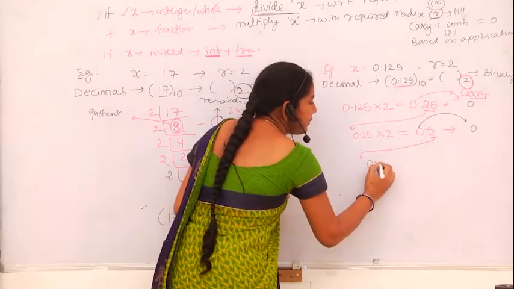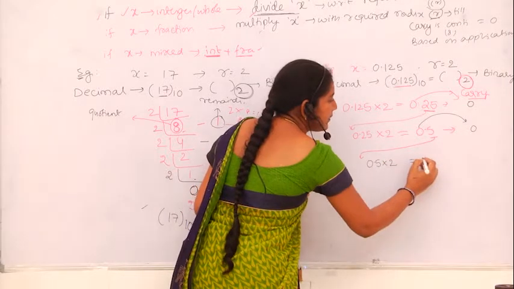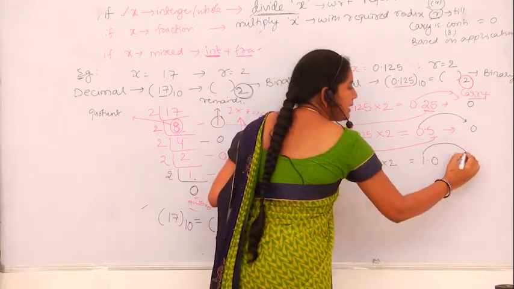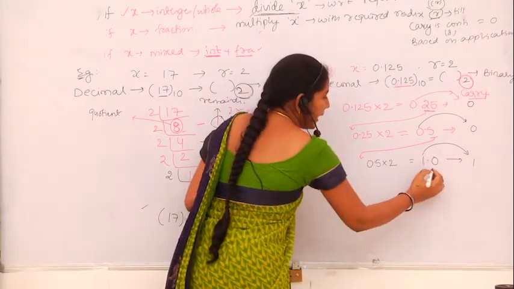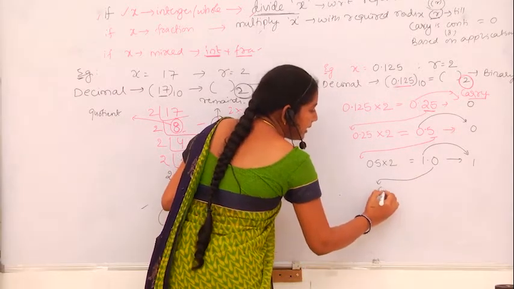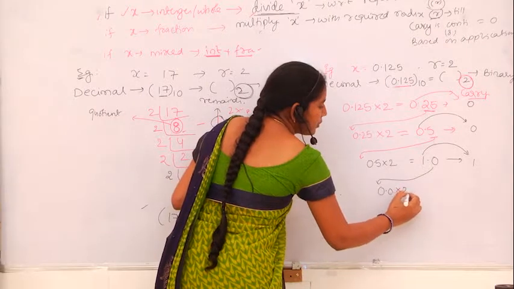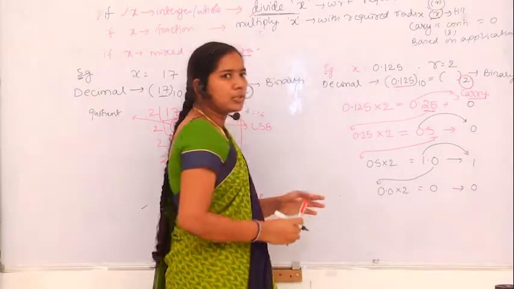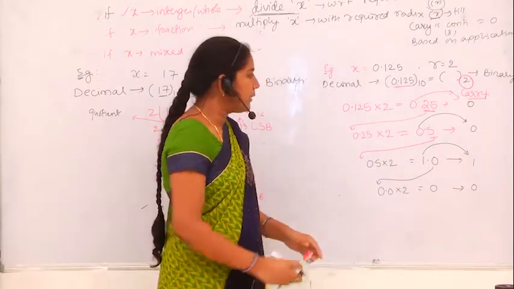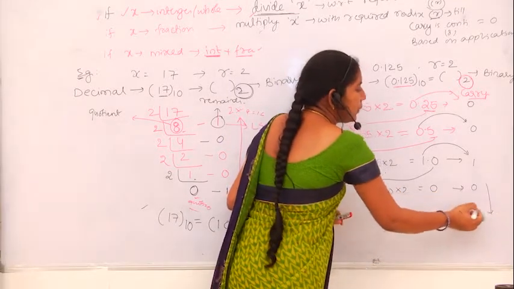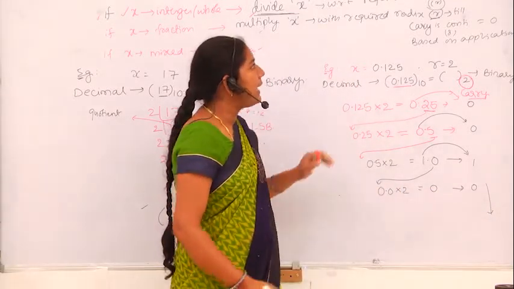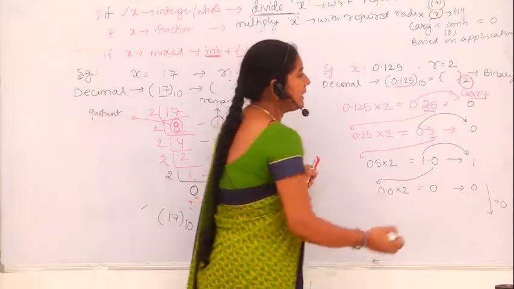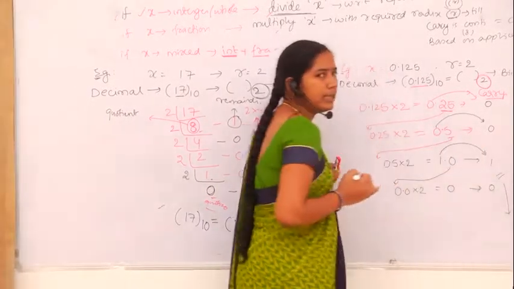Here the fraction part is 0.5 into 2. The result is 1.0. Now take this integer part 1 out as carry. Then 0.0 into 2 gives 0 and the carry is also 0. If you continue this process, your carry value continuously becomes 0, so we can stop here itself.